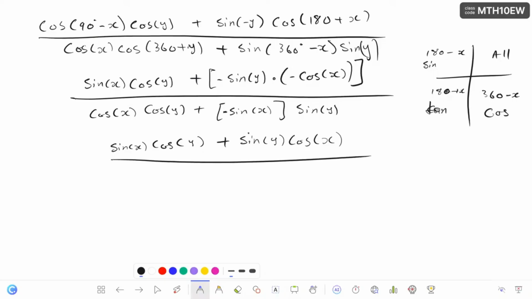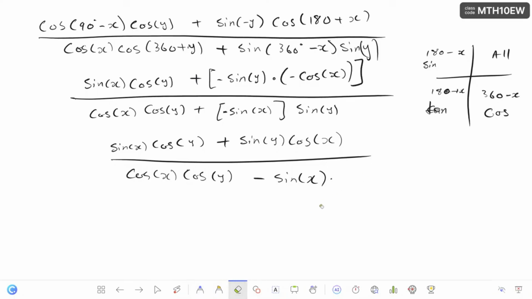So this one is going to be cos x cos y minus sine x sine y.